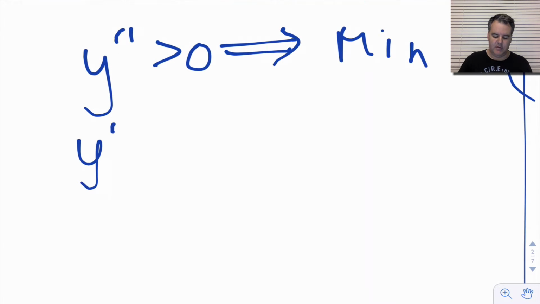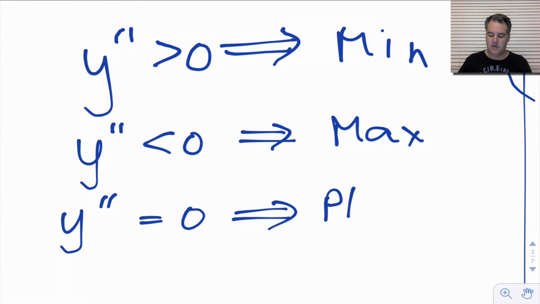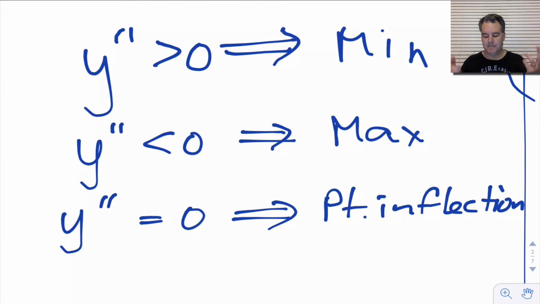If the second derivative at that point is less than 0, it means you've got a maximum value. If the second derivative is equal to 0, this is the thing I've been talking about, a point of inflection. Normally. A few special cases, I've just given you one. And this one here might turn out that way as well. So that's the test you can do.